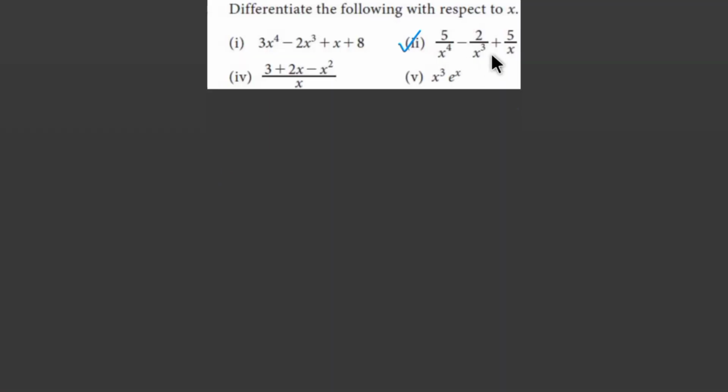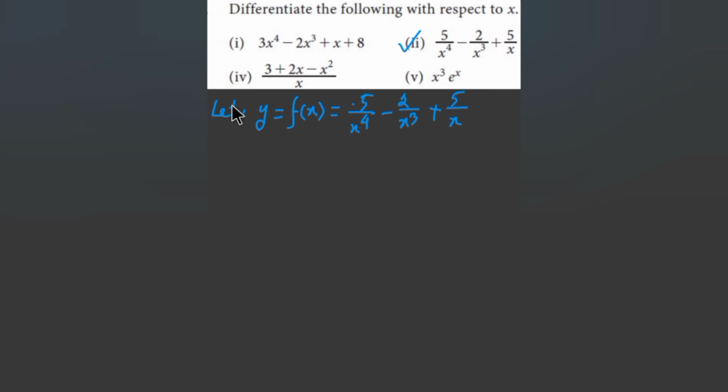The variable is x, so we can rename this variable y. Let y equal f of x, equal 5 divided by x to the power 4 minus 2 divided by x cube plus 5 divided by x.